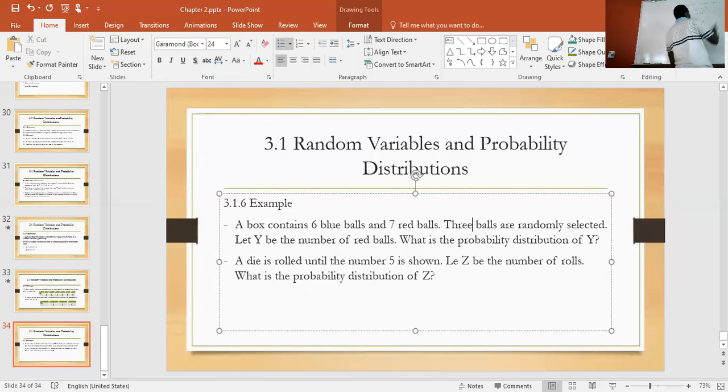If you have a calculator, you can use it in practice. The 6 combination 3 is 6 factorial over 3 factorial times 3 factorial. 6, 5, 4, 3 factorial. 3 factorial is 6, and this is 20 over 286, which is 10 over 143.